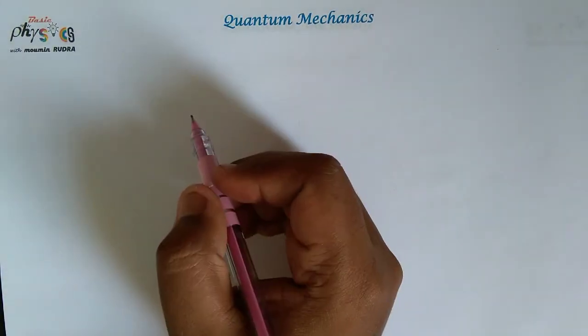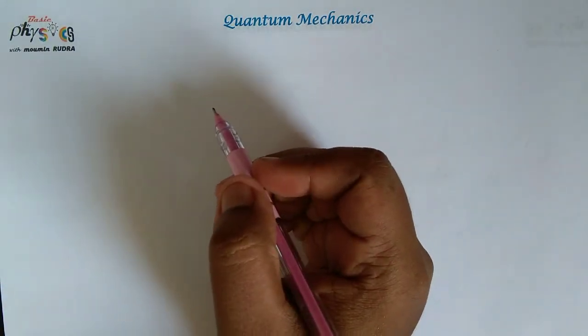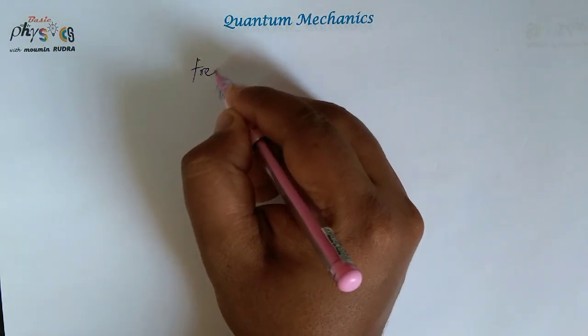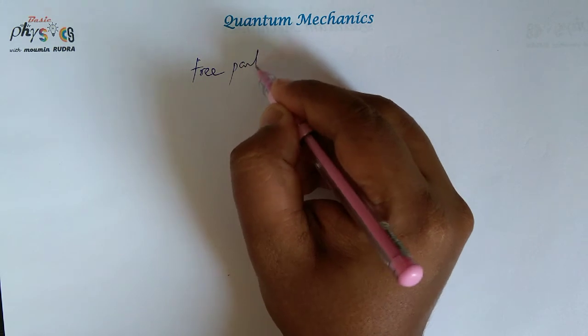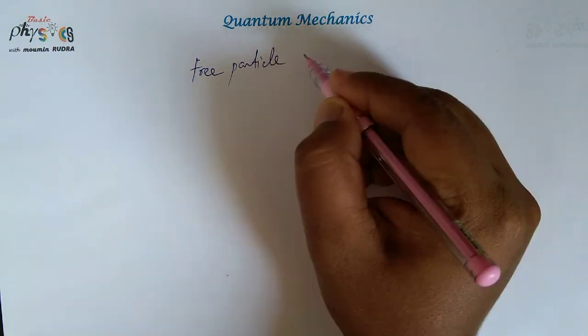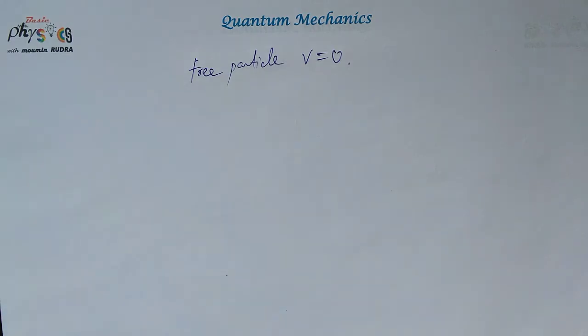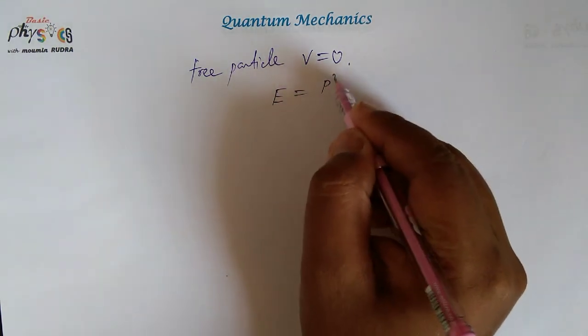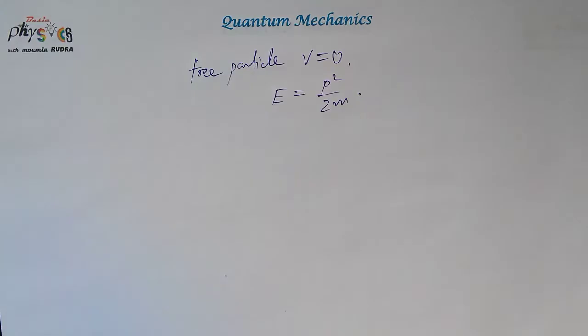Now for a free particle, the potential energy V equals 0, so the total energy will be only kinetic energy. So E equals p square by 2m.